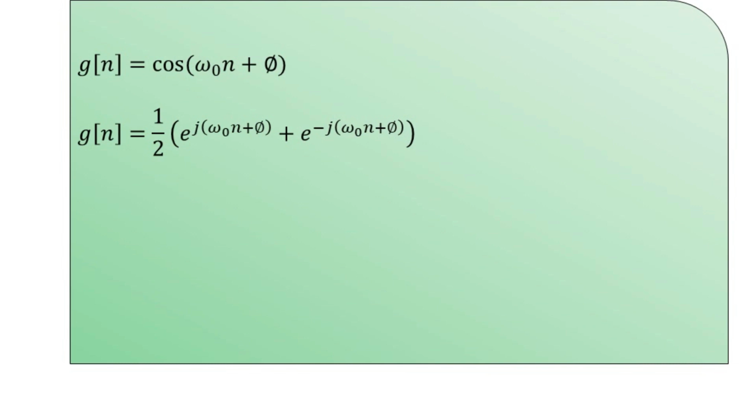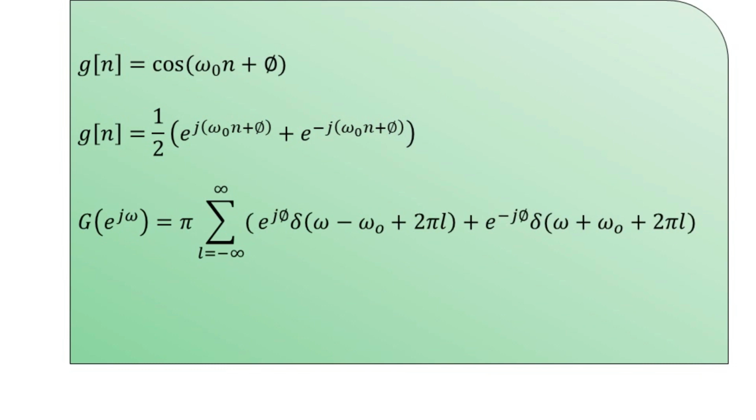So we arrive at the expression for the corresponding Fourier transformation using these notations as capital G of e to the power j omega equal to pi as a constant outside the summation operation, where the index variable L ranges from minus infinity to plus infinity for the addition of two terms.